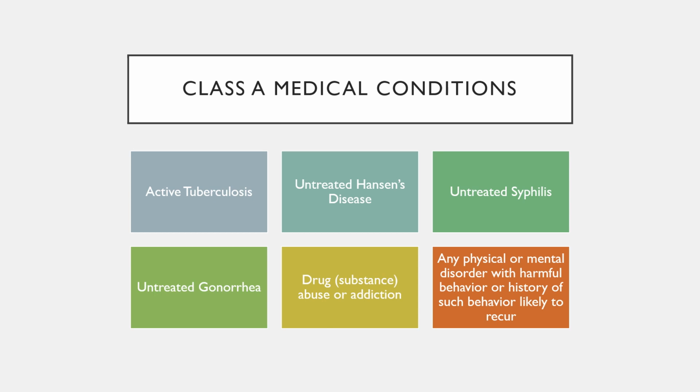So the first four of these have a relatively straightforward treatment regimen associated with them, and so once the client gets on that treatment, completes the treatment and gets retested and is no longer found to have an active or infectious disease, they can then continue in the processing to go to the US.